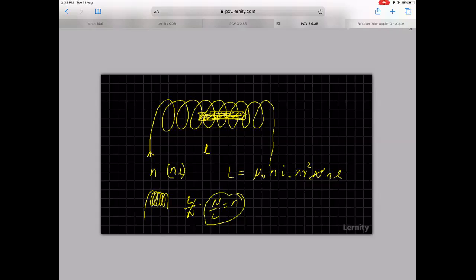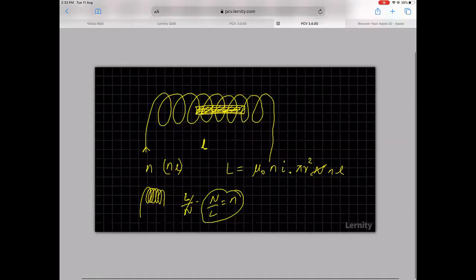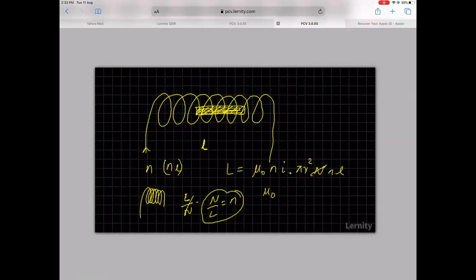So in this you will get mu naught N squared pi R squared by L. This is the inductance value.